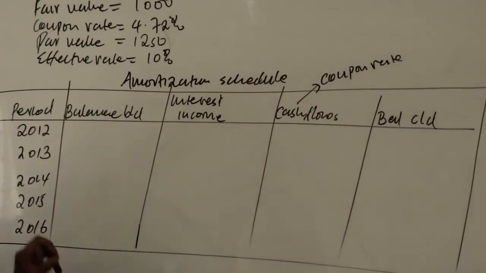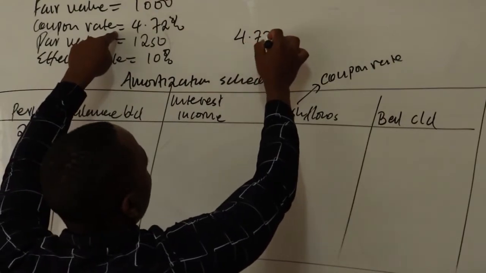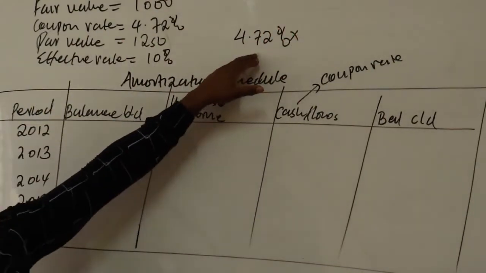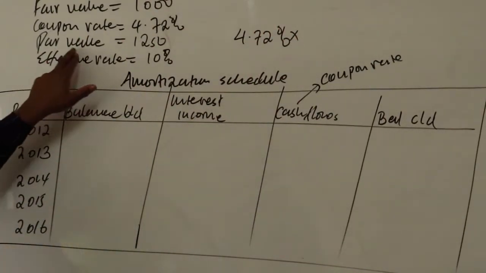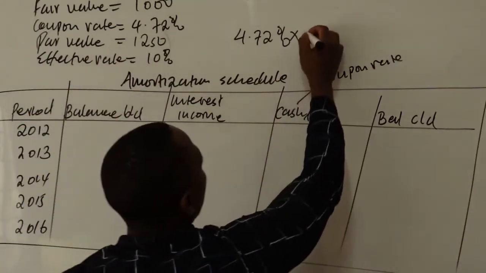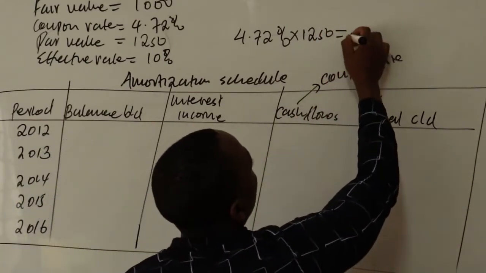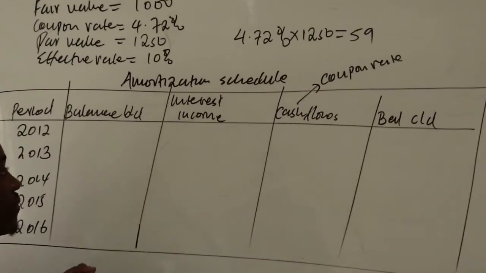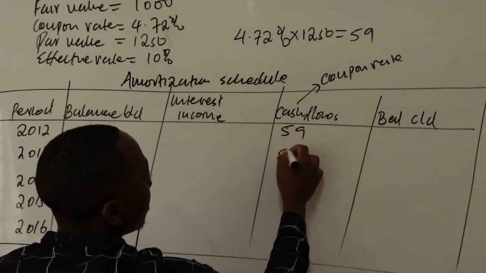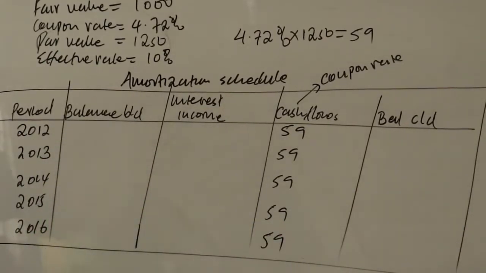For example, in this case, we are told that the coupon rate was 4.72%. That was the rate you agreed at the date of issue. And then how much is the par value? You usually pay that based on the par value, and the par value was 12.50. That means at the end of each year, you're supposed to be paying 59. So in phase, you'll be receiving 59, 59, 59, 59, 59. That one does not change.